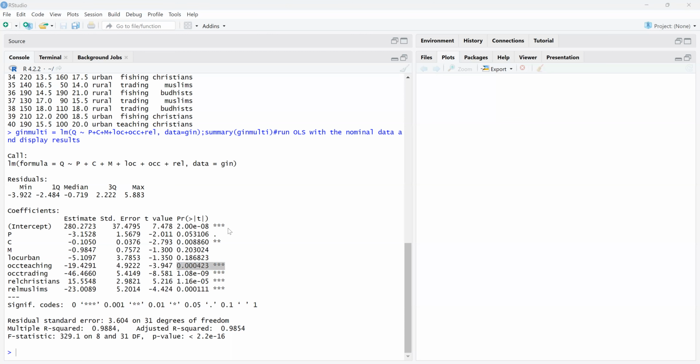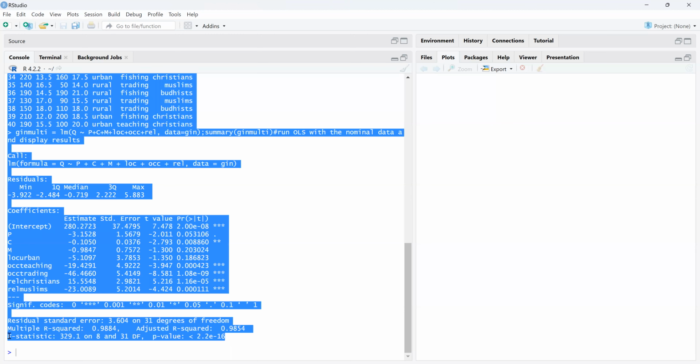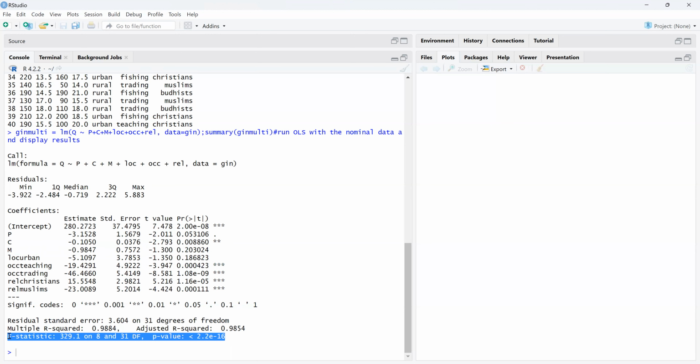Are the coefficients jointly significant? How do you determine if the coefficients are jointly significant? You determine if the coefficients are jointly significant by using the F statistic and its p-value. Now, the F statistic here is 329.1.